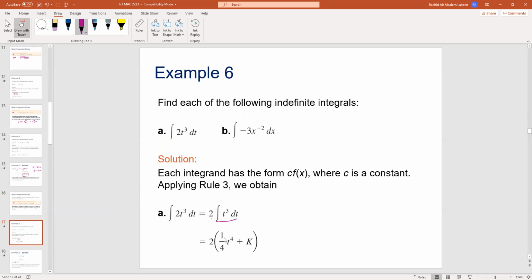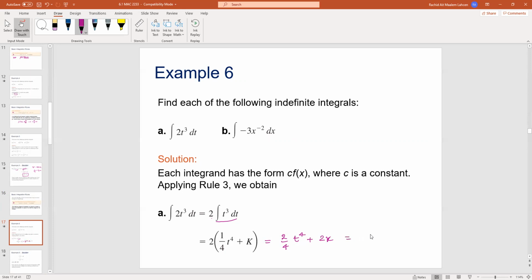And just keep in mind here, if you decide to distribute back the 2, it's going to be 2 over 4 t to the 4th plus, let's say 2k or whatever constant, right?